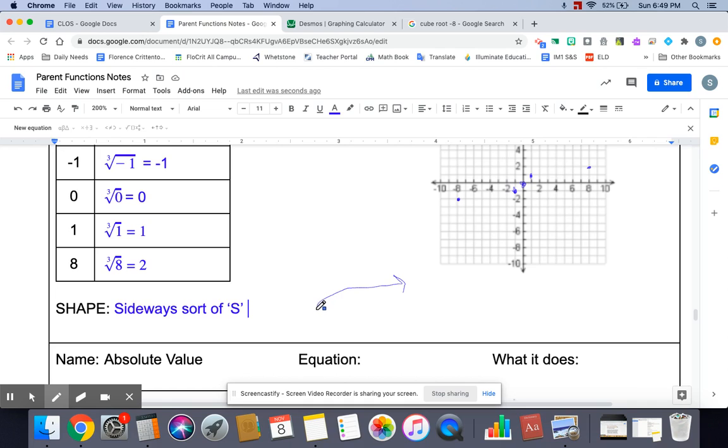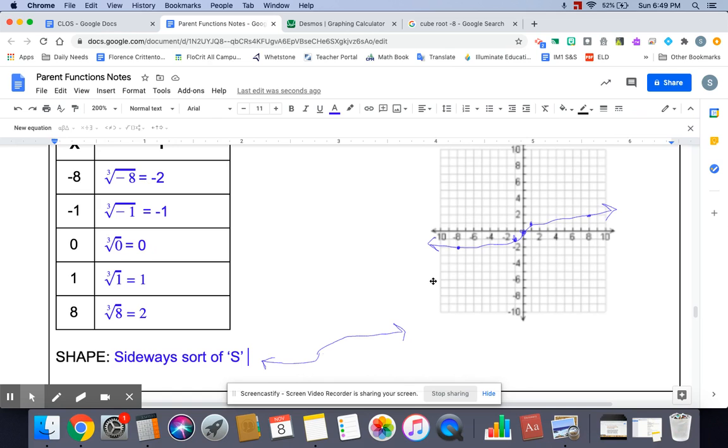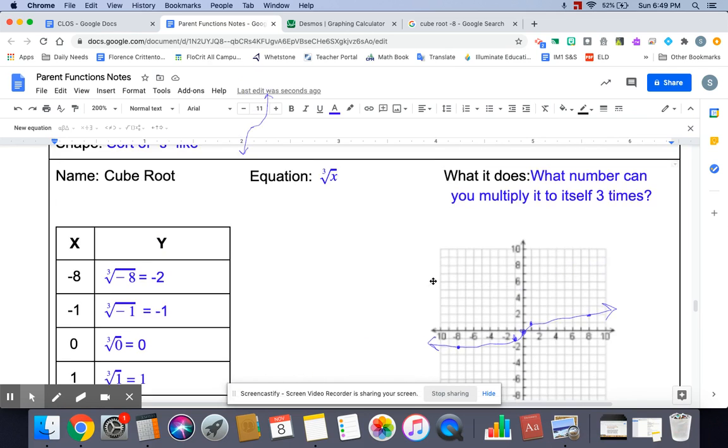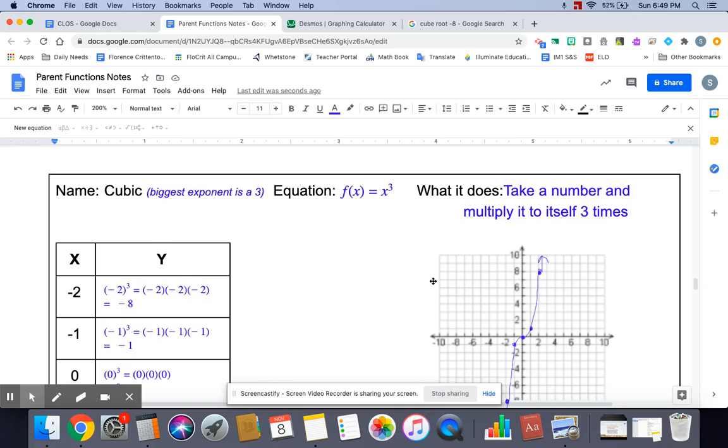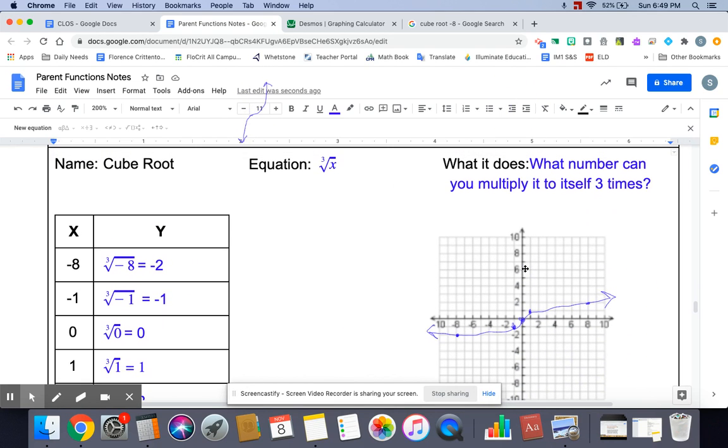And then on the other direction, it's to the side, but down. So it's the sideways version. So it goes like that, and then like that. So that's what it looks like up and down versus when it goes side to side. So this up and down is for the cubic, and then side to side is for the cube root.